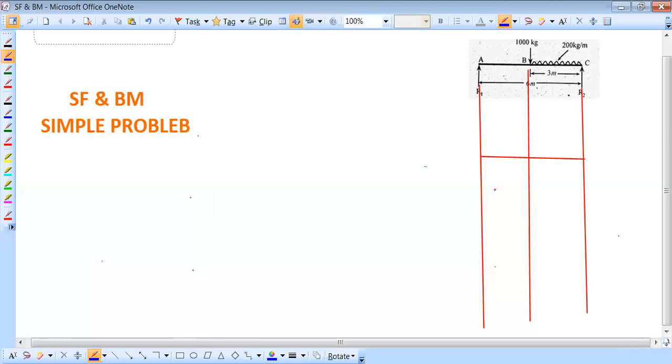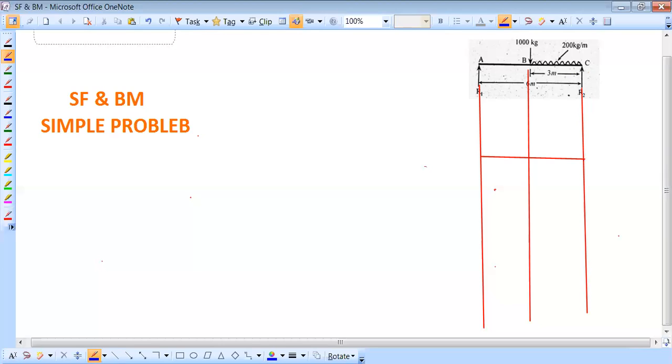I think you remember all this. What is the SF at point C? We have already found it: SF at point C is equal to 950, because of the reactions, 950.